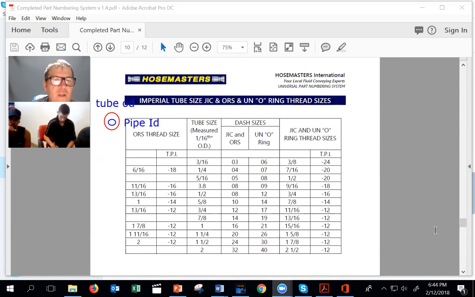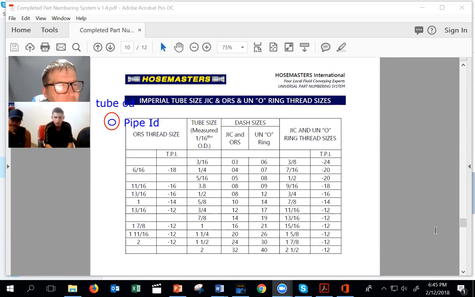Okay, gotcha. So both of you can see my chart? Yep. Okay, you can see on the left-hand side you have ORSF thread size. And then you've got tube size going down the third one along, right? Do either of you know what a TPI is?